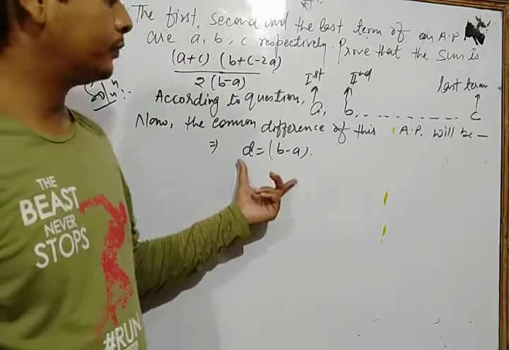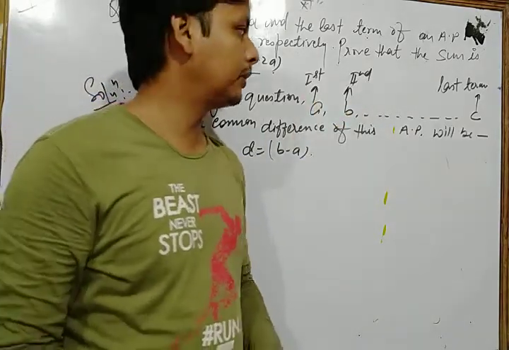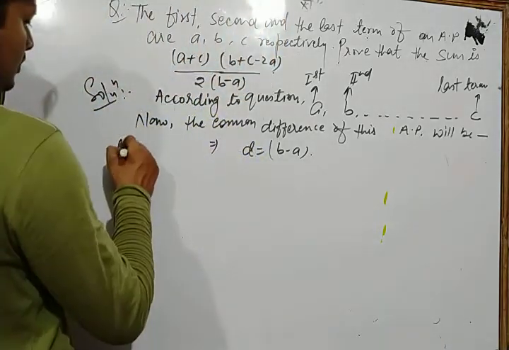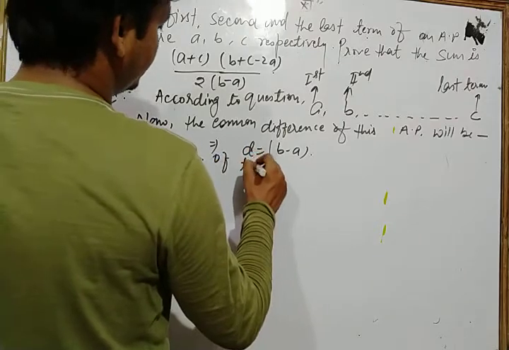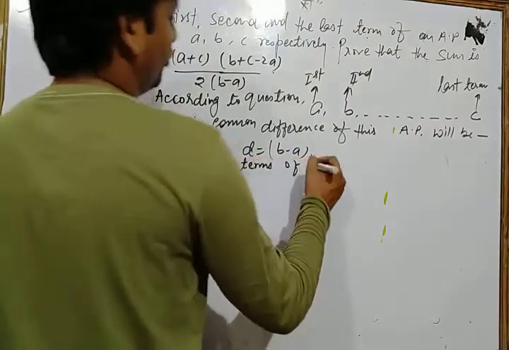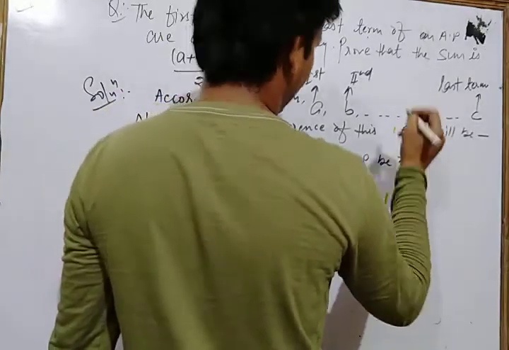Now let the number of terms of this AP be n.